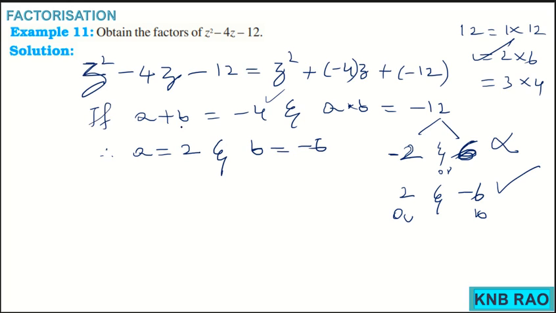I am working this entire logic behind the screen, and on the stage, when it comes to writing the solution, I will write this much only. If A plus B equals minus 4 and A into B equals minus 12, then A is 2 and B is minus 6.